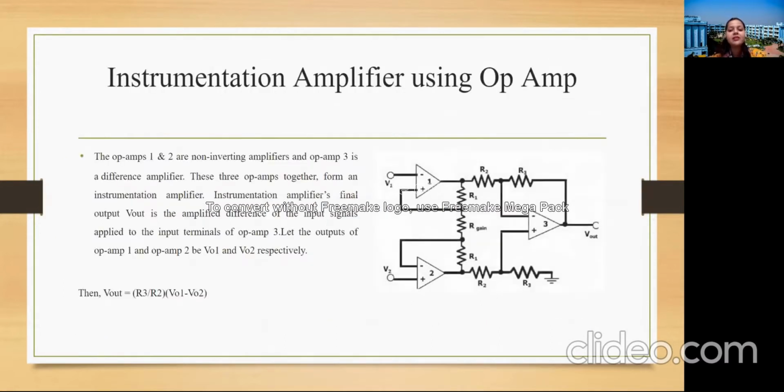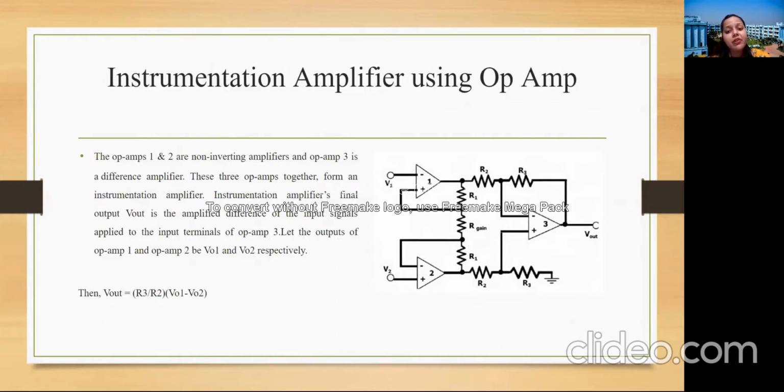Here is the diagram of an instrumentation amplifier using op-amps. As I have already told you, it's a 3 op-amp instrumentation amplifier. You can see here that a total of 3 op-amps have been used.